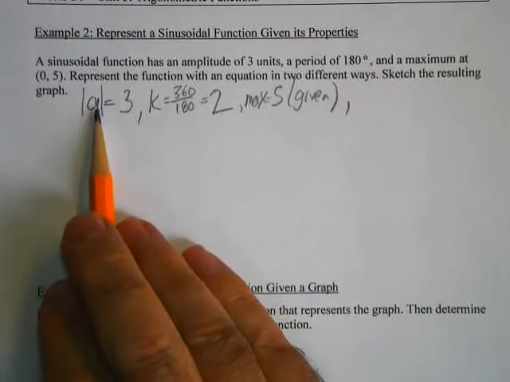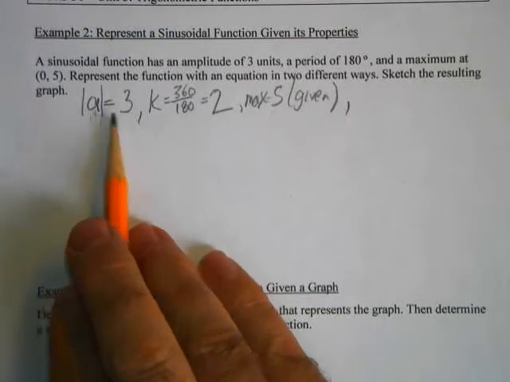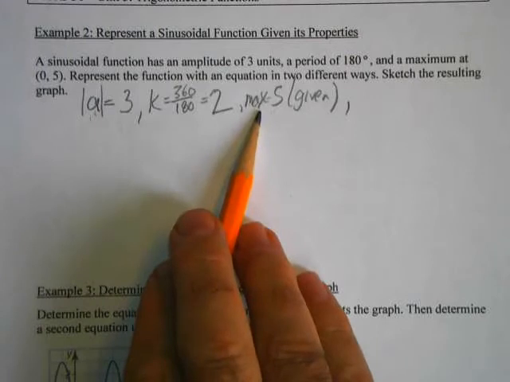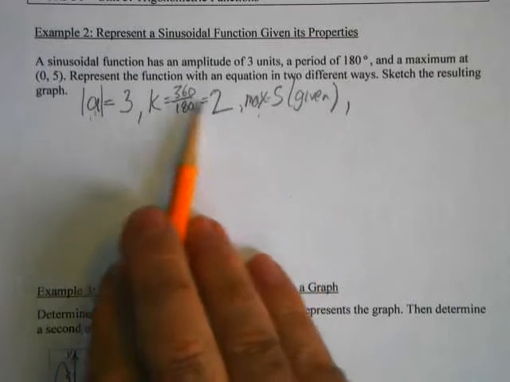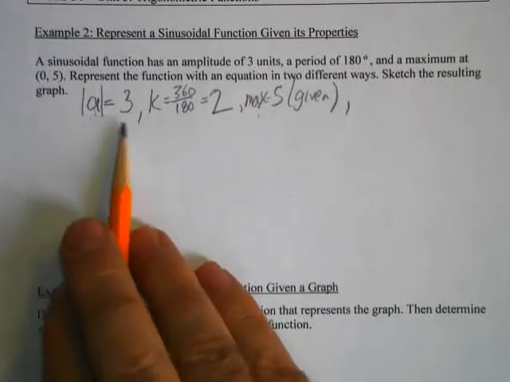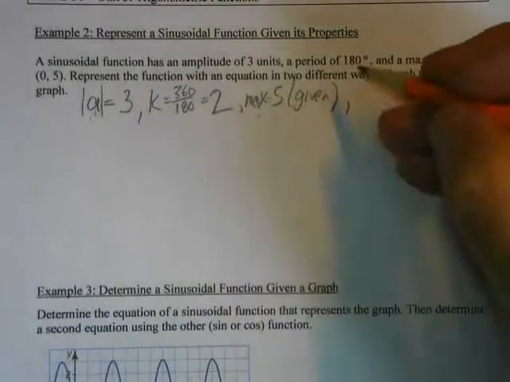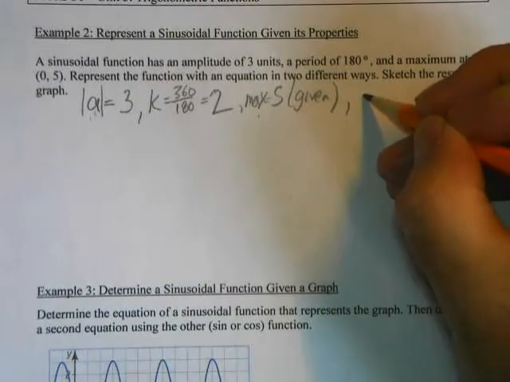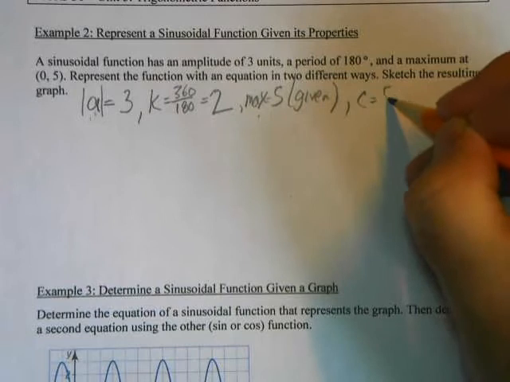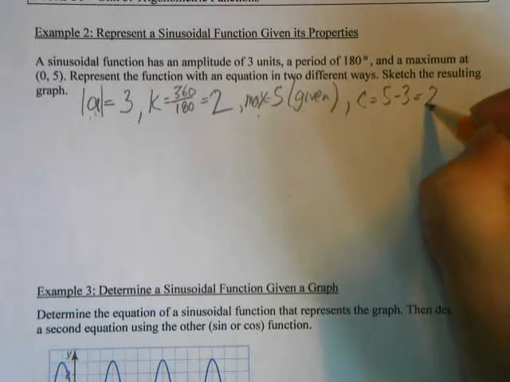I know the amplitude is 3. So I can kind of work my way down the vertical scale. If the maximum's at 5, if I go 1 amplitude below the maximum, I get to the axis of symmetry or center axis, basically the middle of the function, and that is my C value. So the C value is 5 minus 3, which is 2.